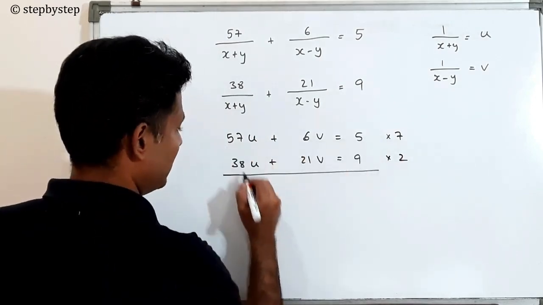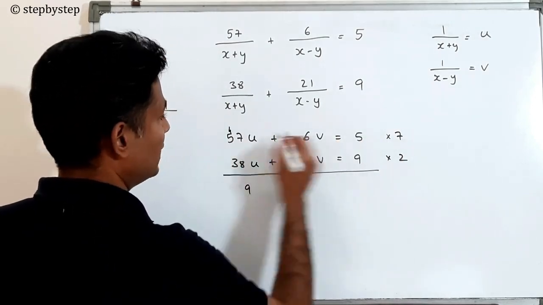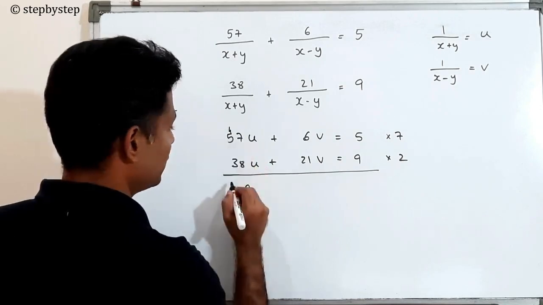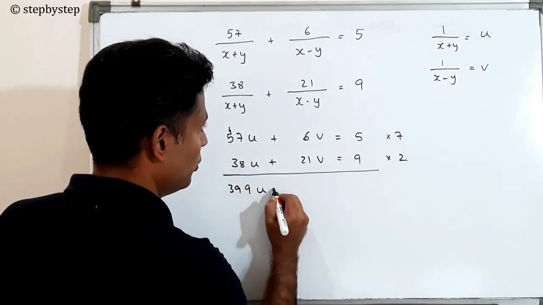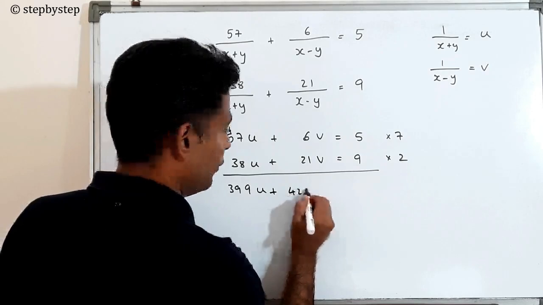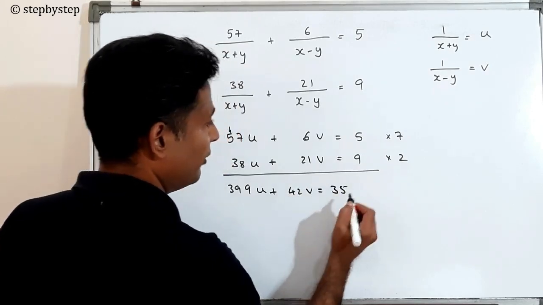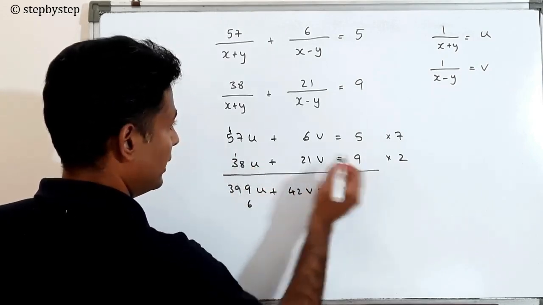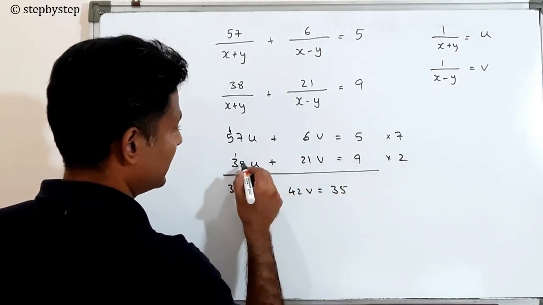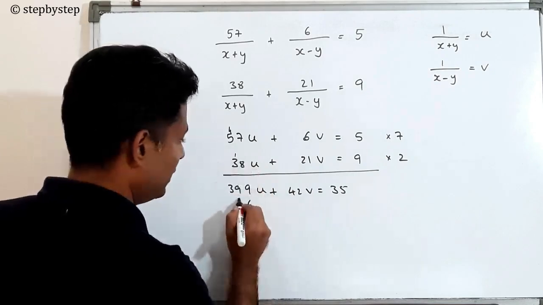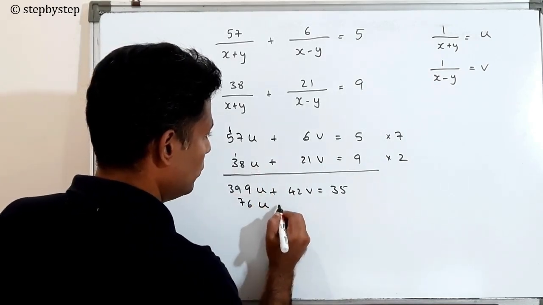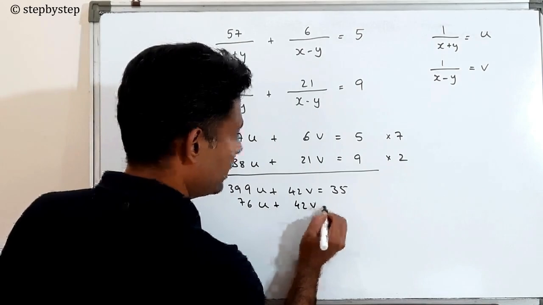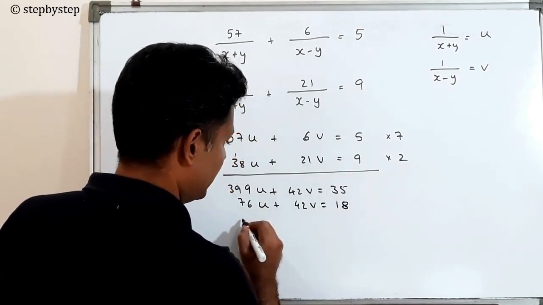So I multiply: 7 7s are 49, 7 5s are 35, plus 4 is 39, so 399u plus 42v equal to 35. And here we get 2 8s are 16, 2 3s are 6, plus 1 is 7, so 76u plus 42v equal to 9 2s are 18.